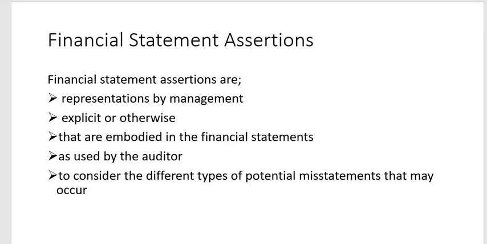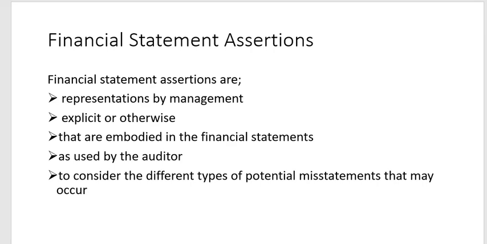Before I look at the definition provided in your book, assertions we can just say are what management say about the financial statements. Management believes that financial statements are accurate, they are complete, they are produced on time, they are well classified, and they are recorded in the correct period.